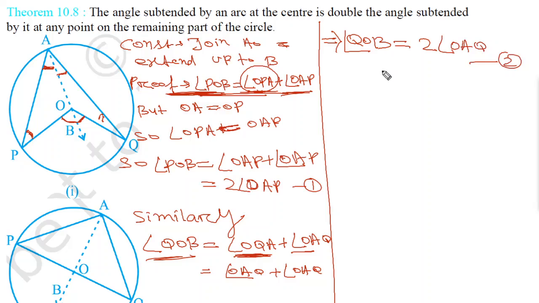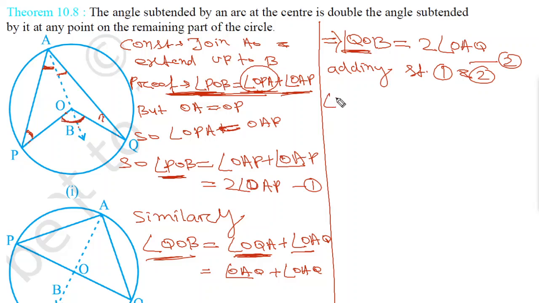Now add statement 1 and 2. Adding statement 1 and statement 2. What we will get? First add LHS and LHS. Angle POB, this angle plus angle QOB. So we will get this angle.